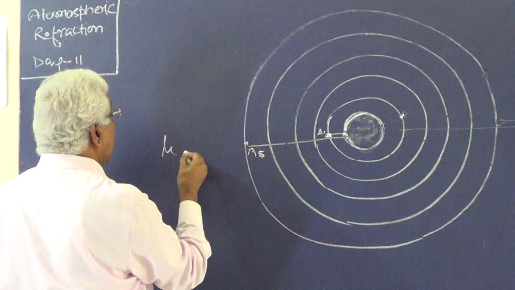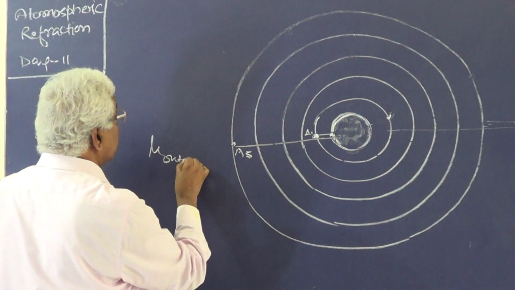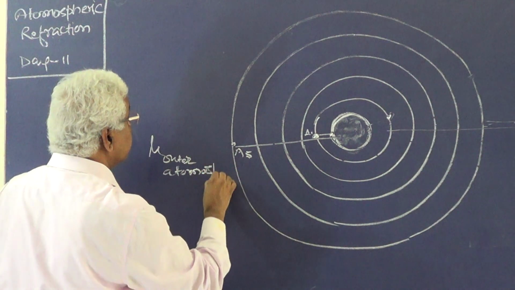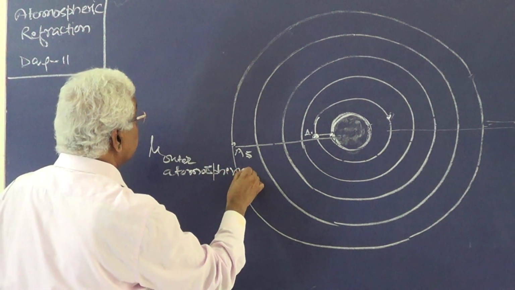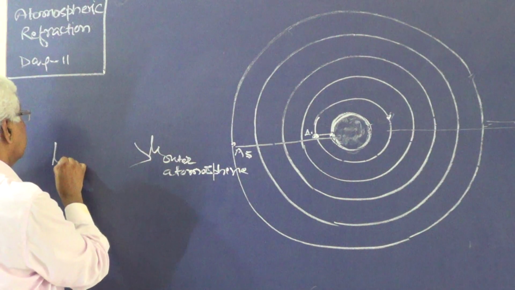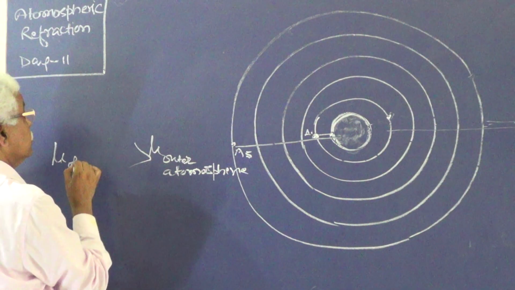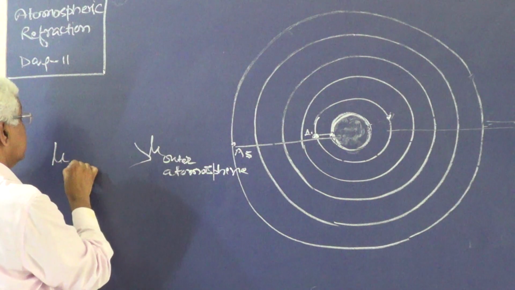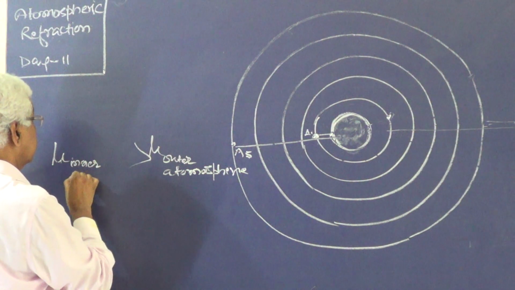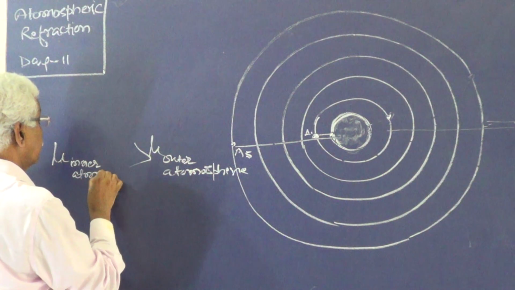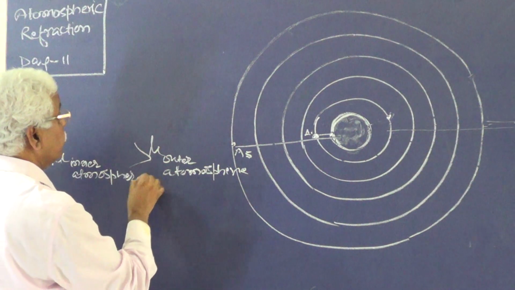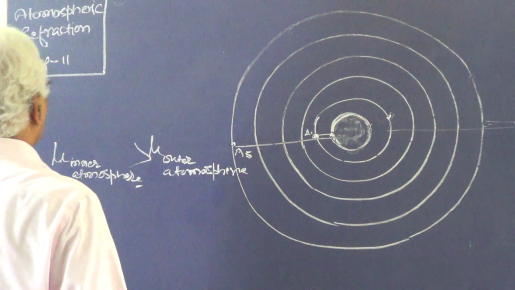Mu of outer atmosphere is lesser than inner atmosphere.